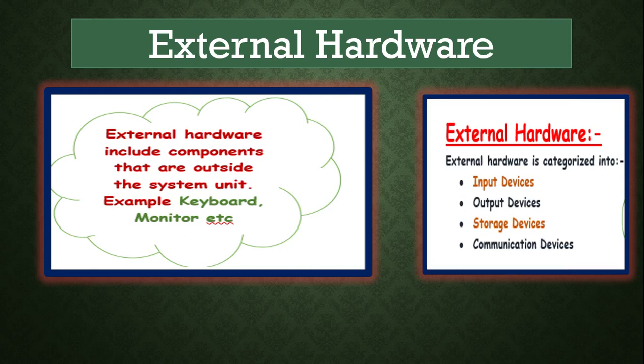So that's why these devices are called external hardware components. External hardware is categorized into four categories. First one is input devices, second is output devices, third is storage devices, and last one is communication devices.